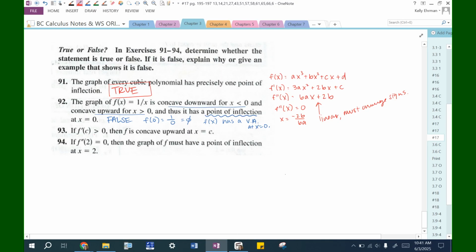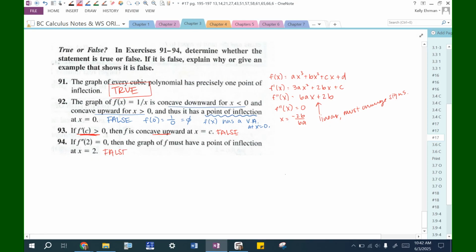93. F prime of c is greater than 0, and if that's true, then f is concave up. The first derivative does not go with concavity, so that's false. All we can say about f is that we know it's increasing at x equals c. And f double prime of 2 equals 0. If that's true, then the graph of f must have a point of inflection, so that's false as well.